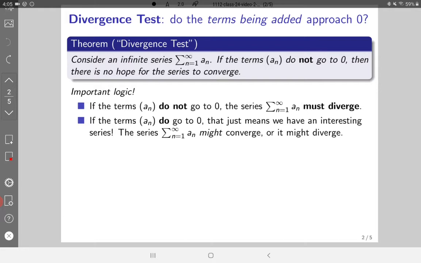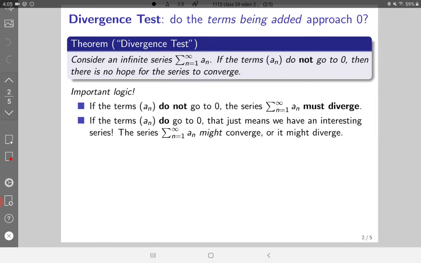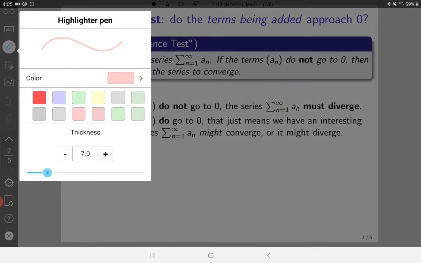Because essentially it will amount to something like this, where I'm adding numbers that are getting bigger, or I'm adding the same number over and over and over, or I'm doing something almost like that in the long run, where the numbers are changing, but they're becoming more like a situation where I'm adding the same number over and over and over. Something like that is going to happen if the terms being added themselves don't go to 0.